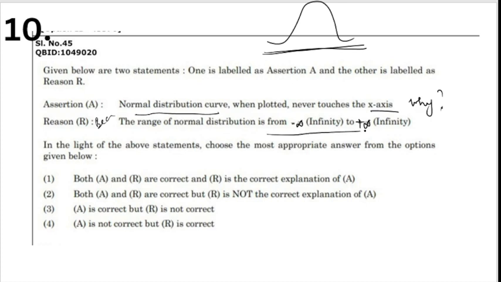Though it is theoretical only, in practical aspect there is -3 to +3 which is only possible, but in theoretical terms there is infinity. So it will never touch the x-axis when we plot it. So A and R both are correct, and R is the correct explanation of A. So 1 is our answer here.